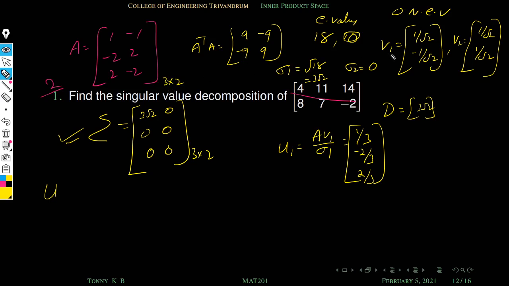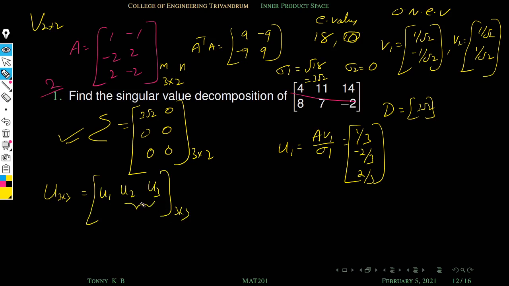V is N by N, and here N is 2, so capital V should be 2 by 2. But U is M by M, so it is 3 by 3. Since we have only one U1, we have to introduce 2 more Ui. So U should be like this: U1, U2, U3. Then only it is 3 by 3.